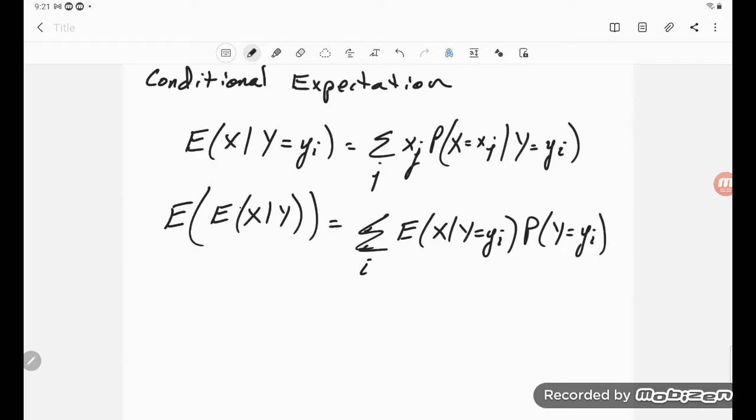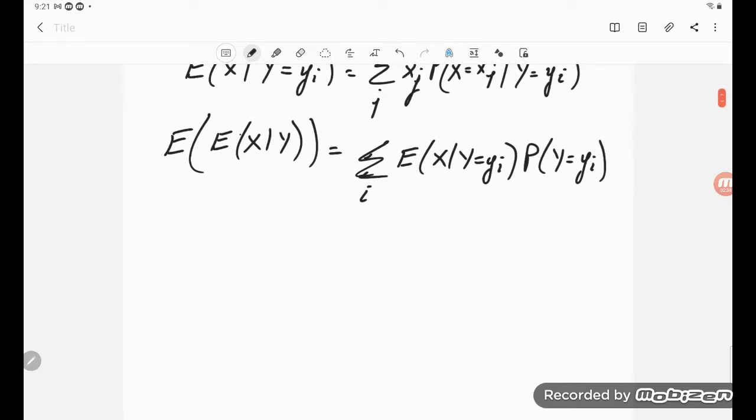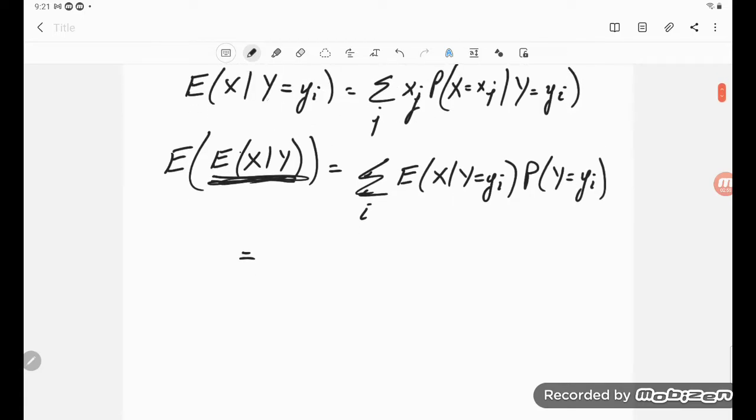That's just the definition of this expected value, because it's over the y's.